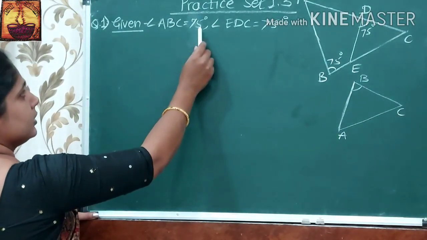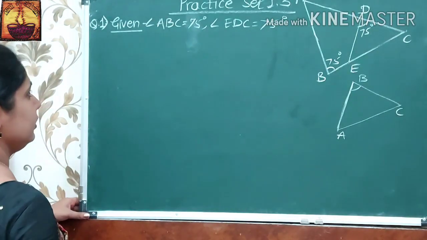Here angle ABC is equal to 75 and EDC is 75.